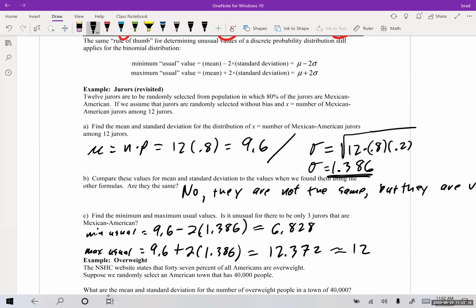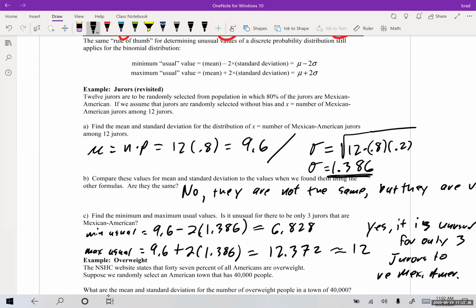So that means that yes, it is unusual for only 3 jurors to be Mexican American on this jury, okay?